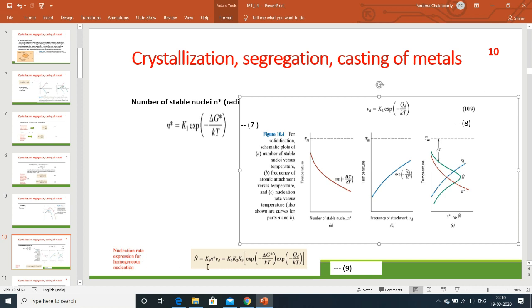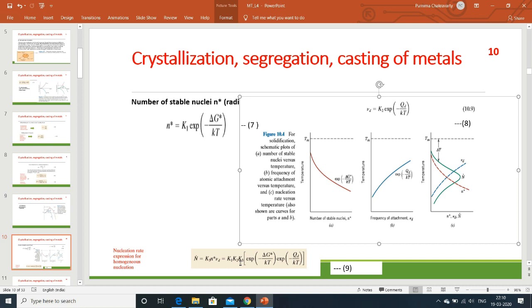When I say nucleation rate, I mean the variation of nucleation with respect to time. Here the green graph is given by n star, which denotes the nucleation rate. And there is one new term, K3, which is the number of atoms on a nucleus surface.